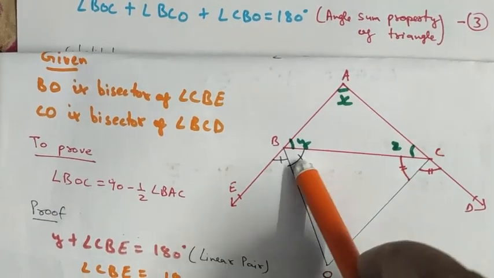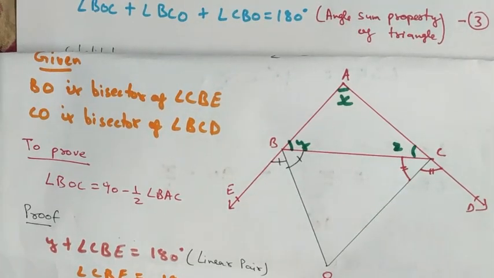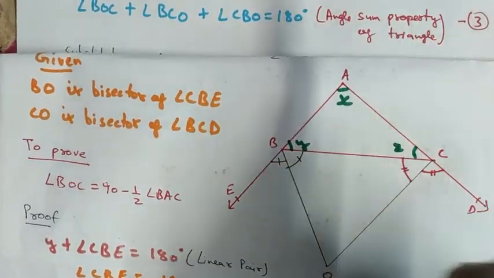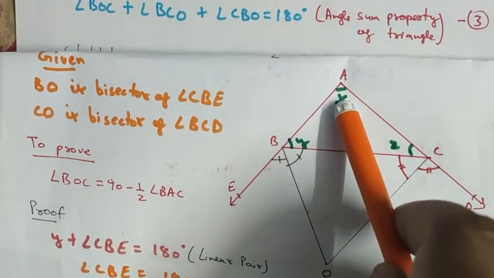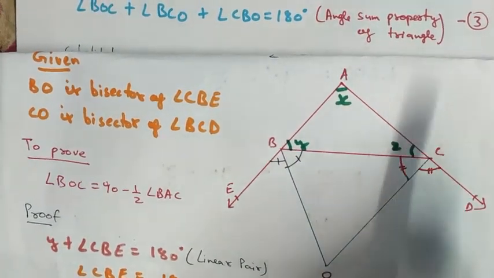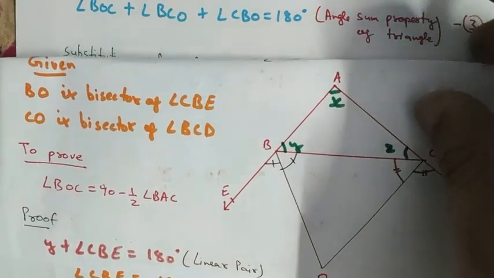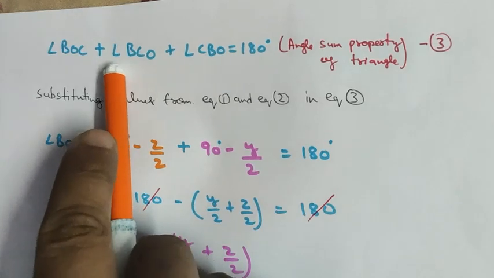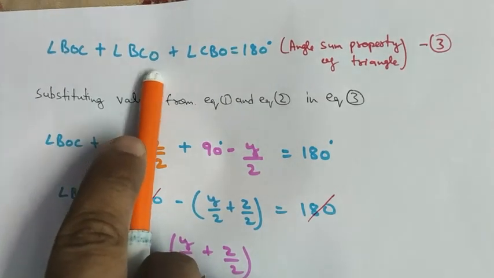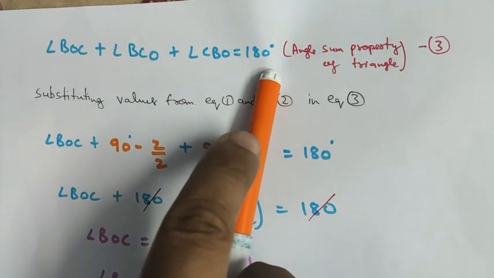The sum of the three angles of a triangle is 180 by angle sum property of triangle. Similarly, in triangle ABC also, angle X plus angle Y plus angle Z will be equal to 180. This we will be using later. So by angle sum property, angle BOC plus angle BCO plus angle CBO equals 180 degrees.